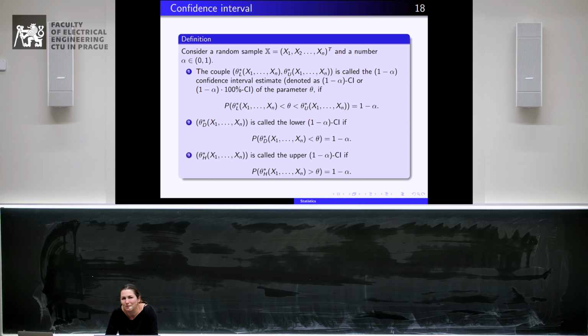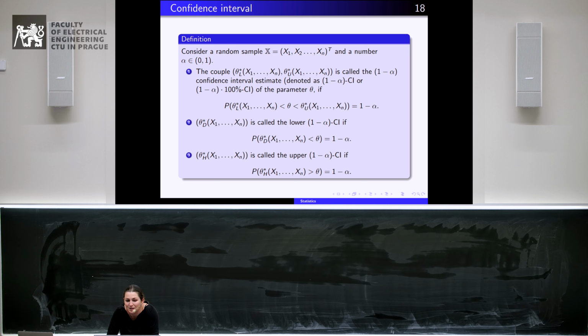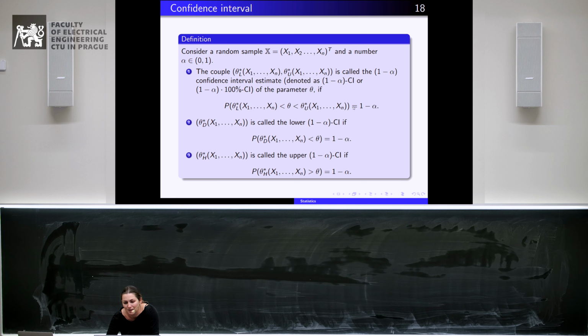It is a very, very small probability that the parameter lies outside this interval, even when our random sample was as it was. And then let's say the couple of functions, when we have a concrete realization, the concrete values, it will be the couple of concrete values, satisfying that the real parameter lies between these two numbers with probability equal to 1 minus alpha.